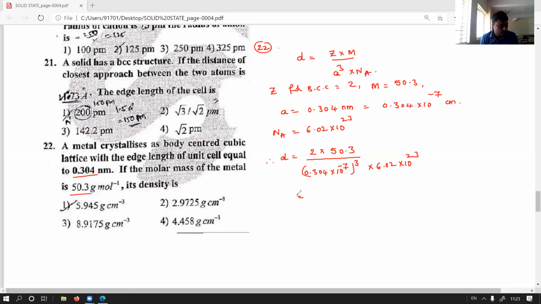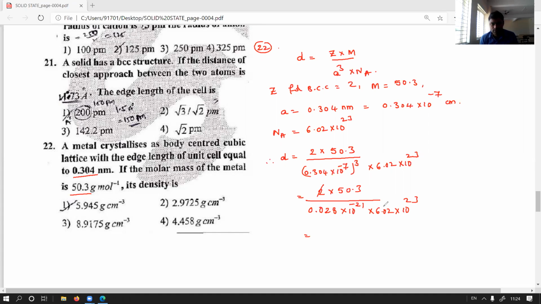Then we'll get approximately 2 into 50.3 divided by 0.304 whole cube, 3 times, 3 into 3 into 3, approximately 27. Then this value is 0.028 approximately into 10 to the power of minus 21 into 6.02 into 10 to the power of 23.